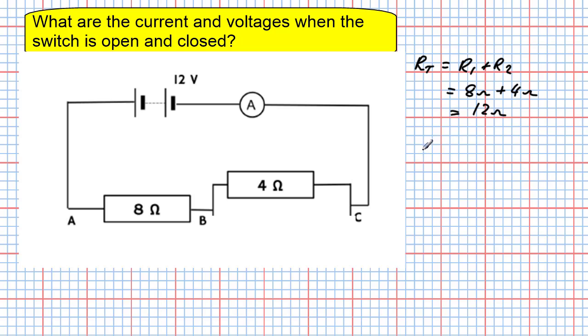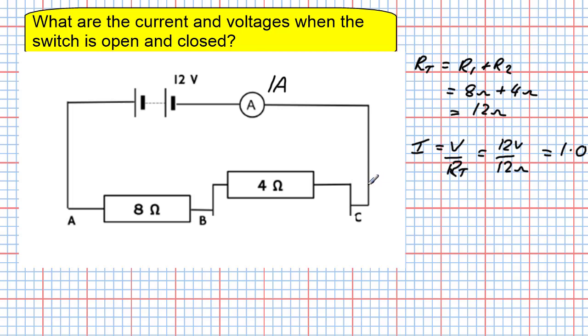We use Ohm's law, rearranged to give the current I in the circuit equals the voltage of the battery divided by the total resistance of the circuit. So 12 volts divided by 12 ohms gives us a current of 1.0 amps. So we're going to have 1 amp flowing through this circuit.